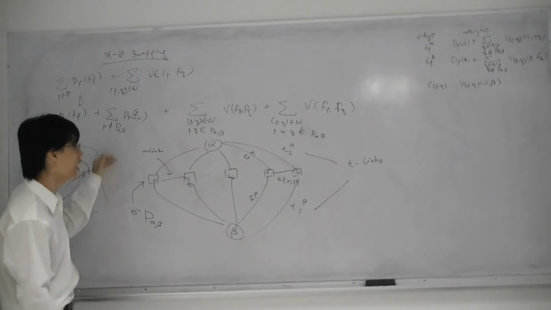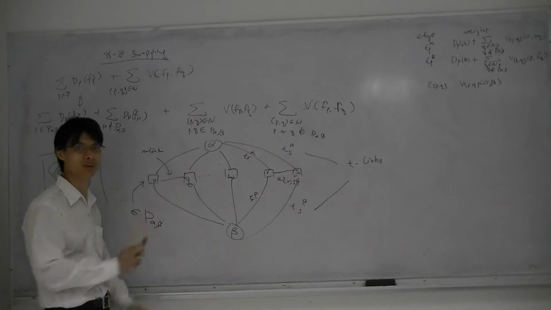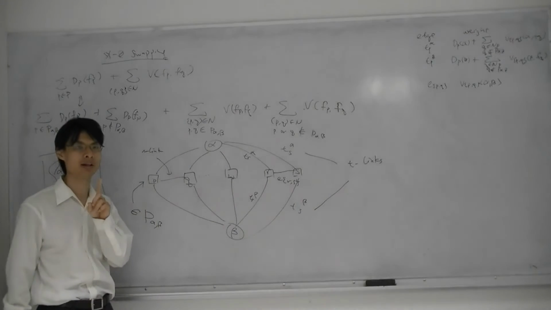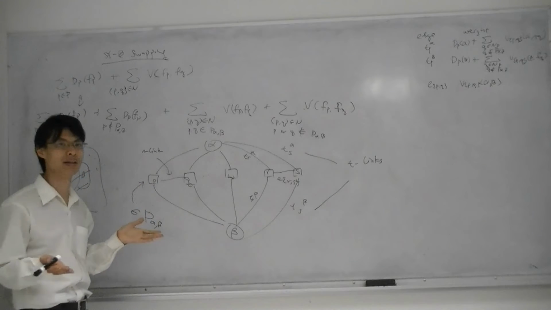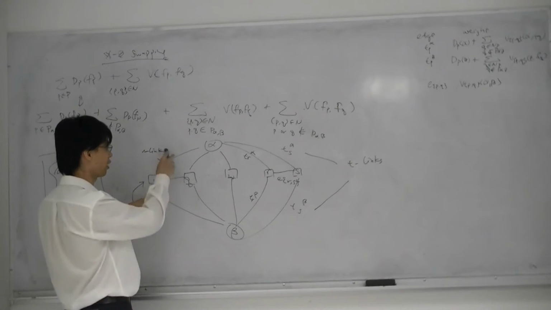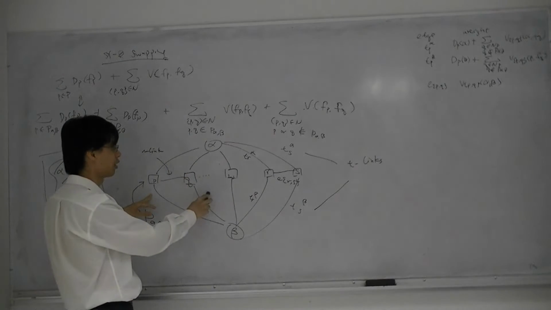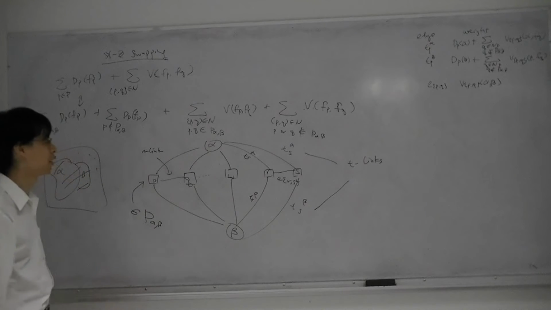If I do a cut, for each pixel, I have to cut exactly one of the T links. It's quite apparent, right? I can only cut for this, or cut for this, but I have to cut for either one of these, and not both.